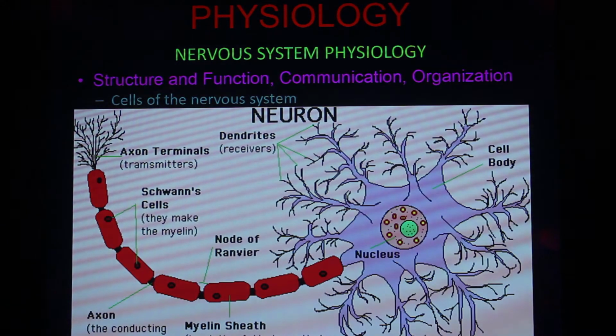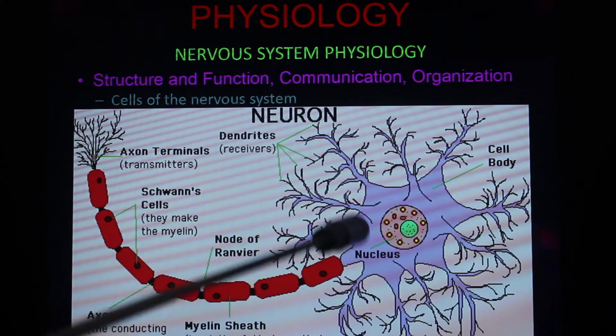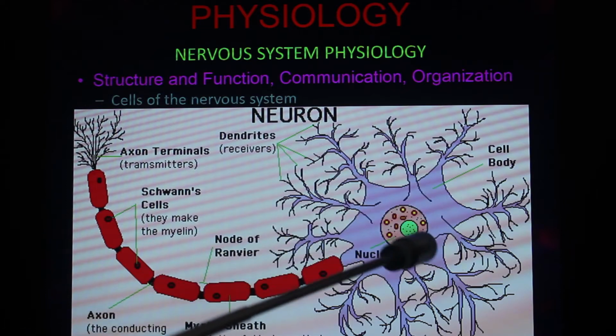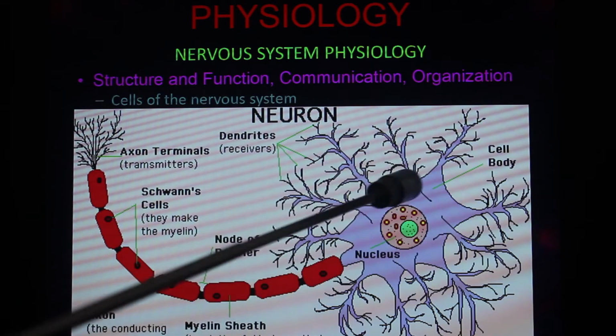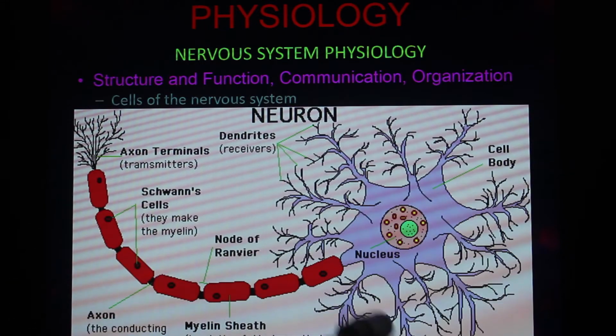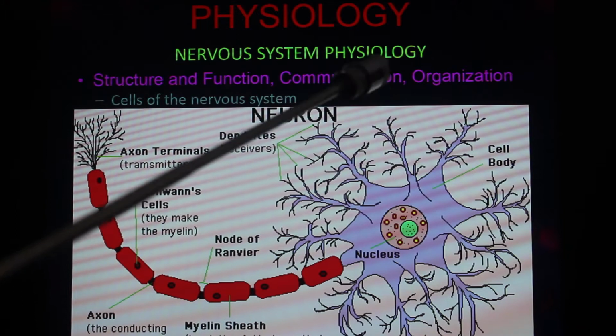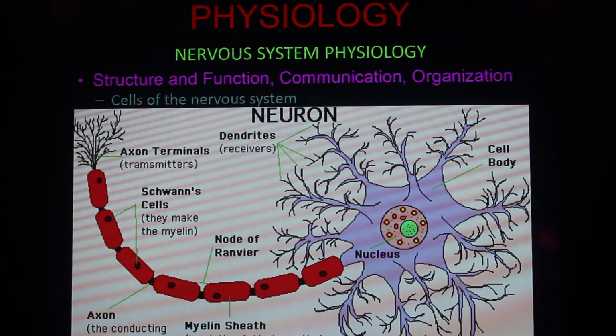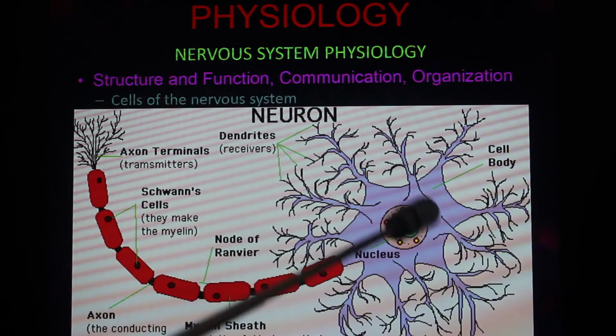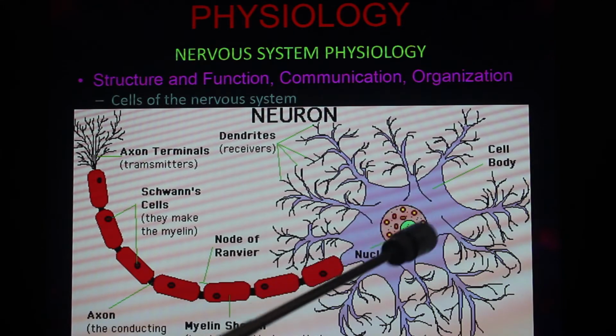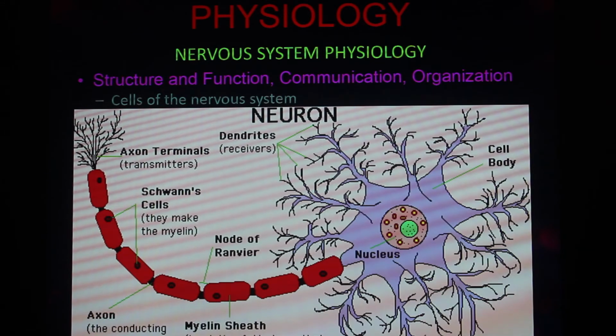If we look at this figure here, this is the body of the neuron, and it contains dendrites, and these dendrites act as the receiver for the neuron. Within the cell there is a nucleus and a nucleolus, as you can see in the figure. The prolongation coming backward of the neuron is called the axon, and at the end of the axon we have an axon terminal.